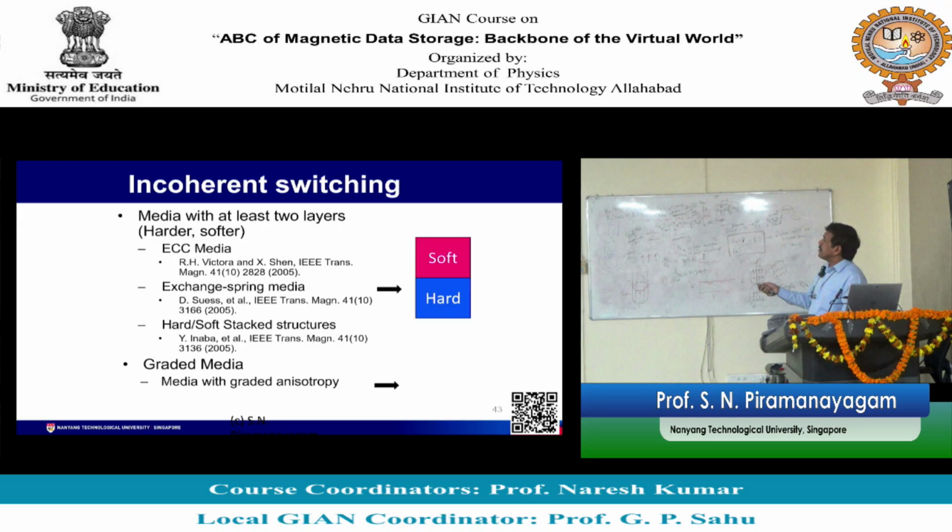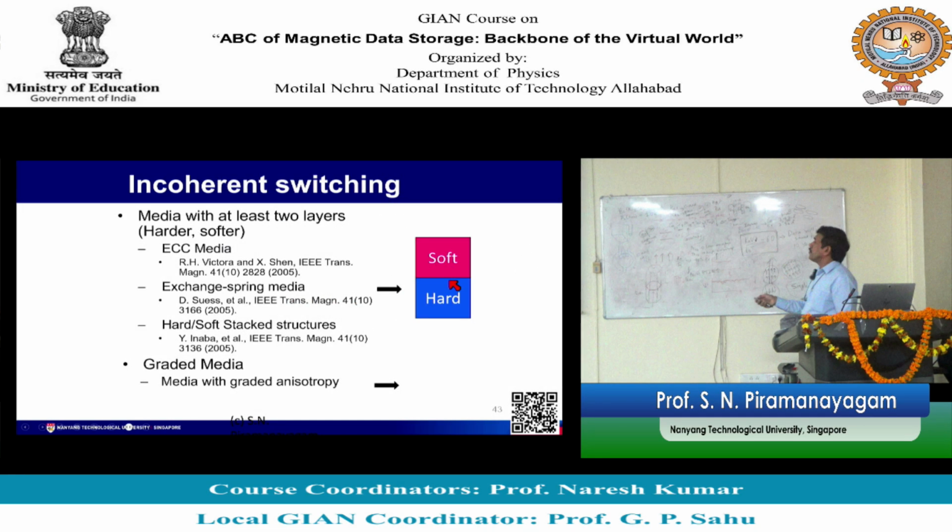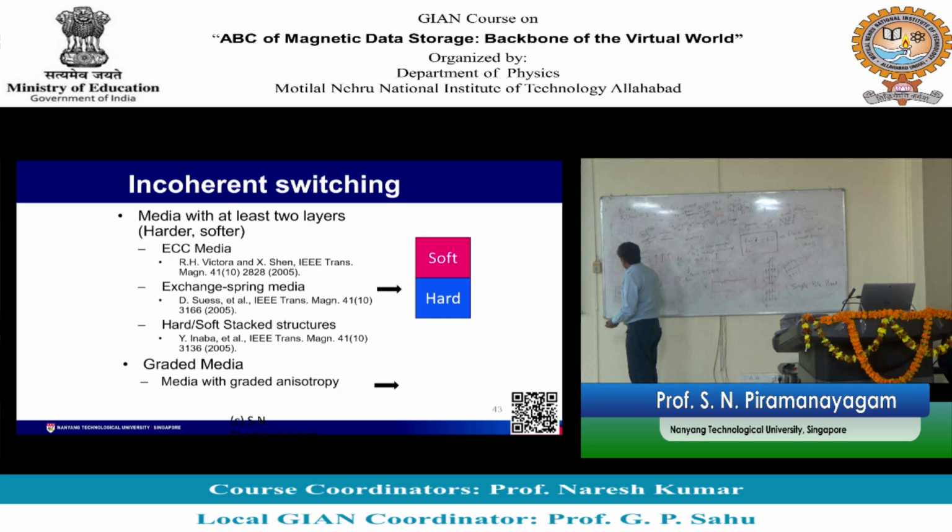For example, let us say you have 2 layers, hard and soft. Soft means not exactly like a softened layer. For example, you may have one layer where the Hk is 10 kilovolt, another layer with a slightly softer property with Hk of 66 kilovolt.